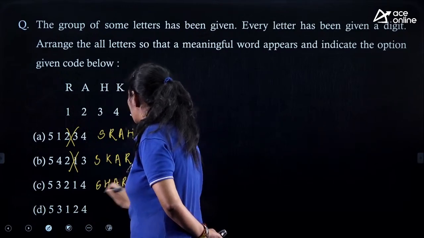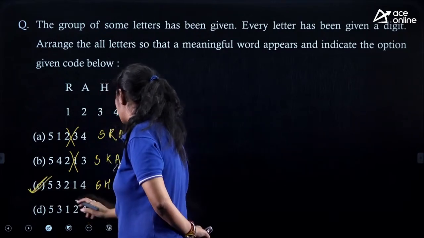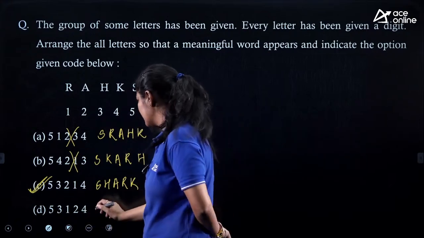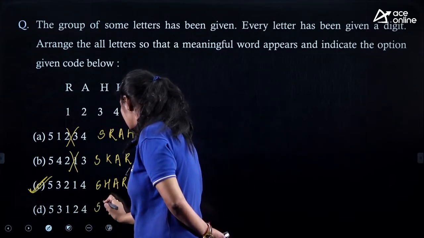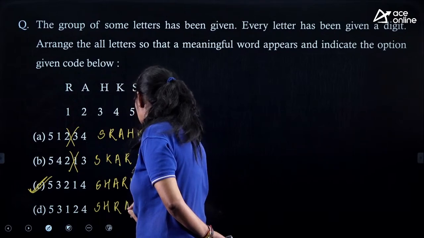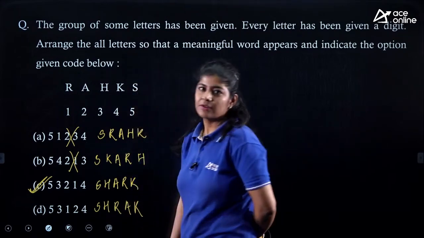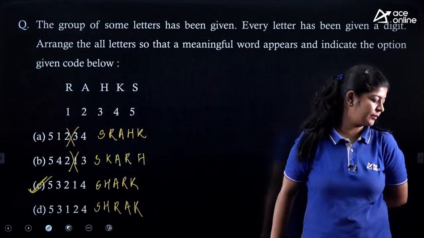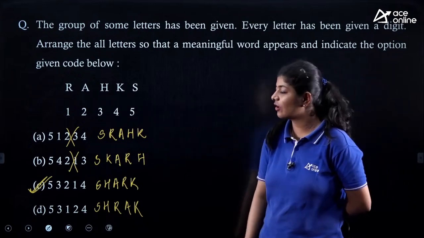That means option number C is the correct one. If you are going to check this one, then you can write it as S H R A K, right? So the only meaningful word that you got over here is shark, and which is given in the option number C.